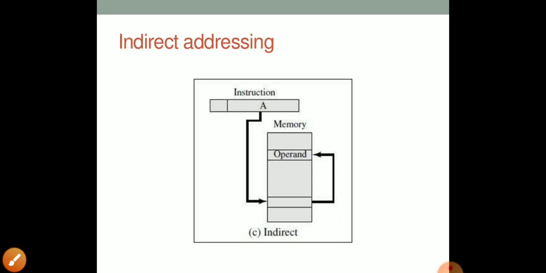Indirect addressing mode. In the indirect addressing mode, the memory address where the operand is located is specified by the content of the register pair.